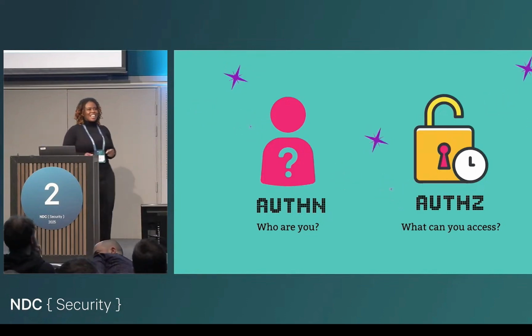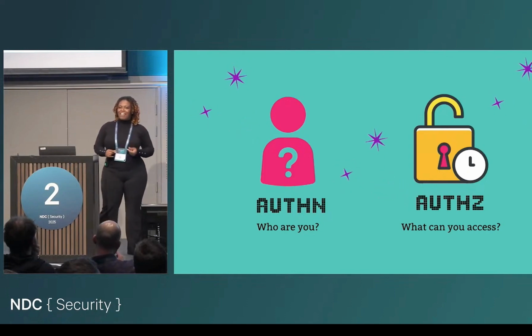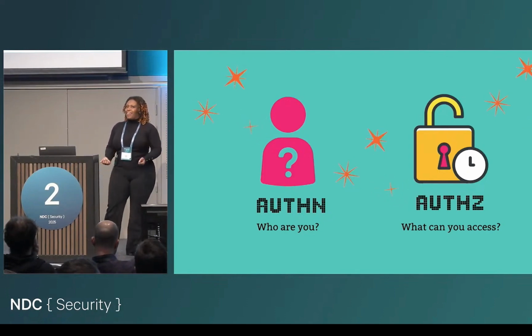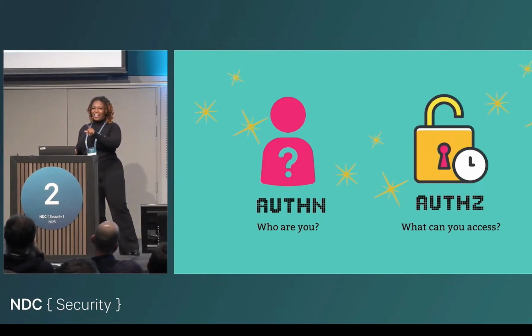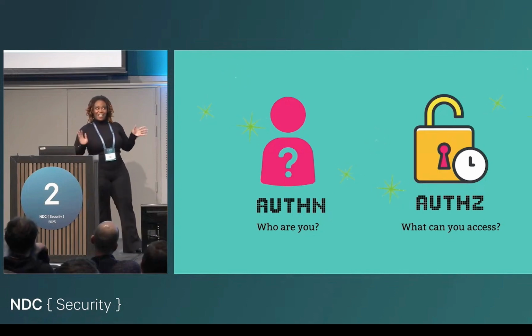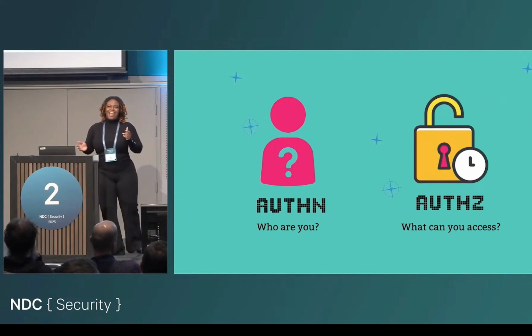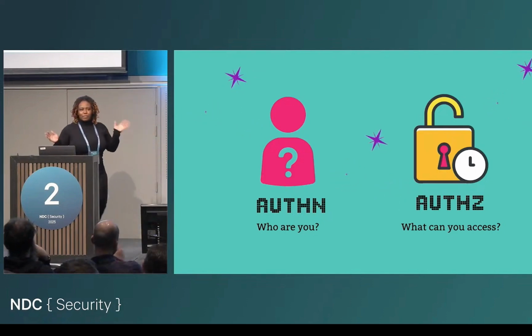So, for instance, if your friend invites you over for dinner, chances are you're gonna have access to the dining room. You'll probably have access to the bathroom, but depending on the kind of friend you are, you might not have access to the bedroom. Depending on the cook in the house, you probably won't have access to the kitchen. And you probably shouldn't go wandering around their kids' bedrooms.